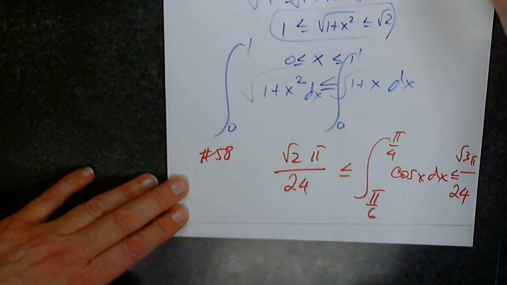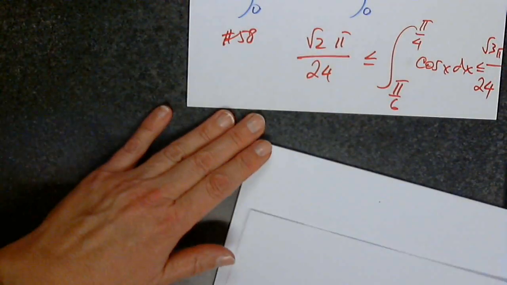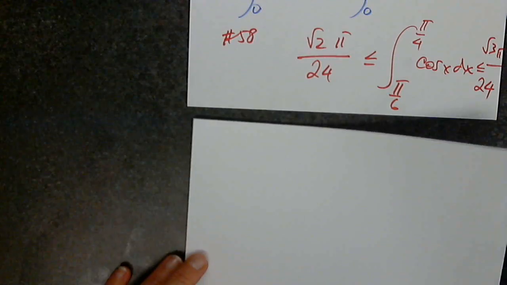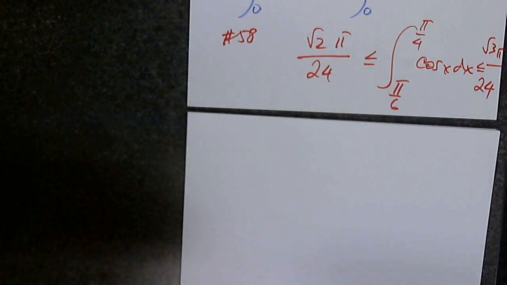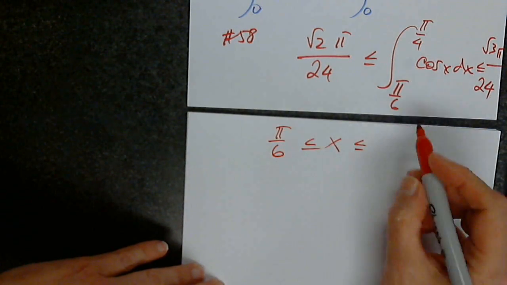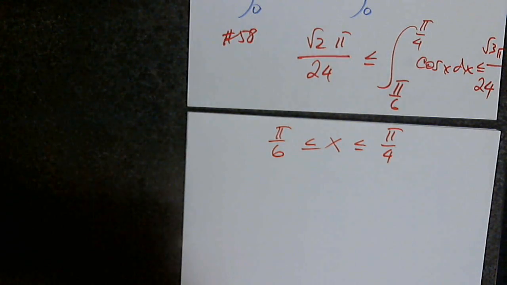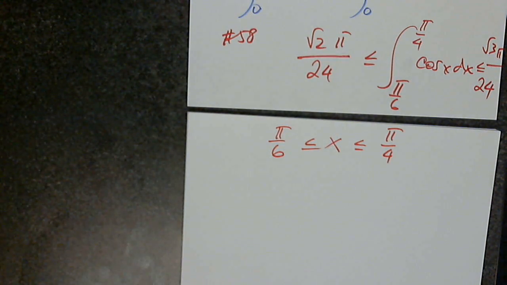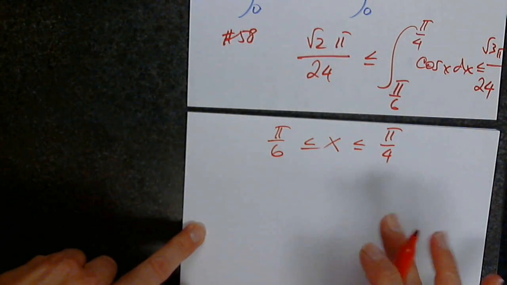Where do I start? I have to start with x. Okay. So I start with x, and x is between pi over 6 and pi over 4. What do I have to do to all three sides now? Cosine. Right. Do not write the inequality symbol.